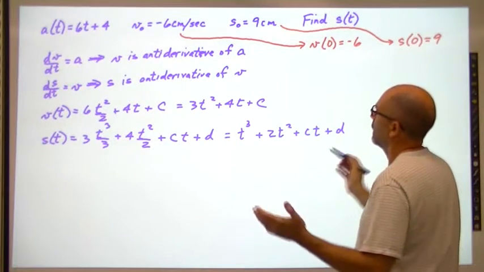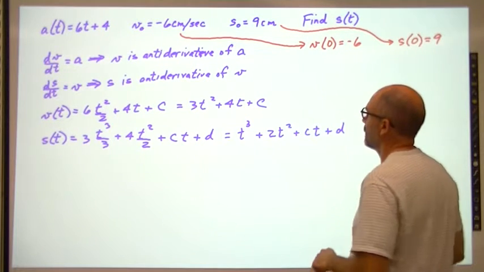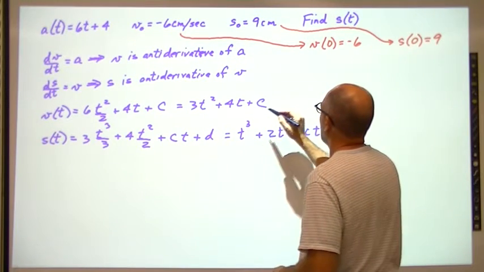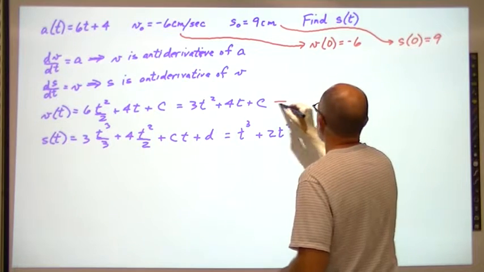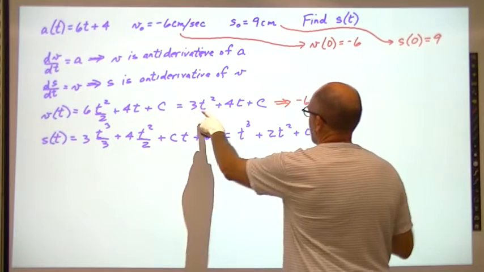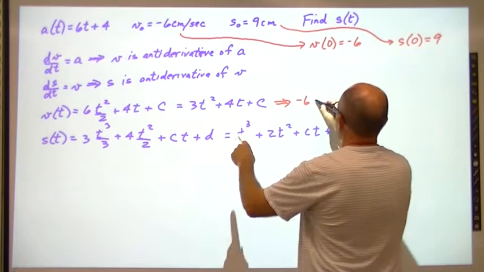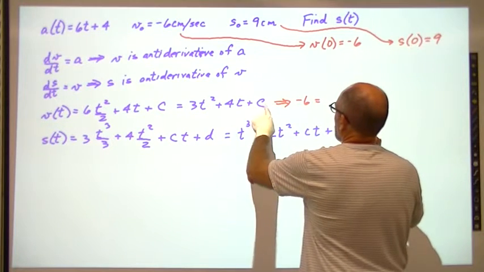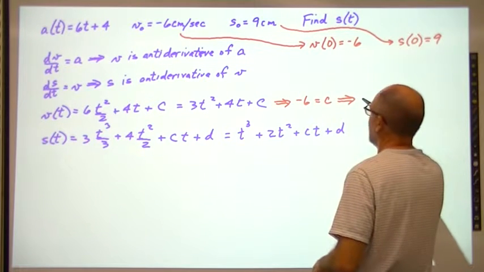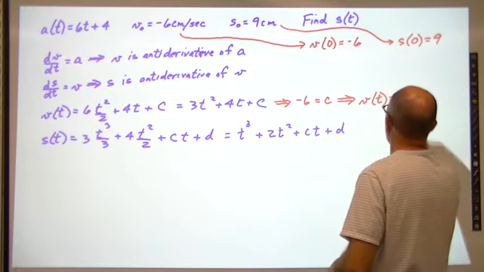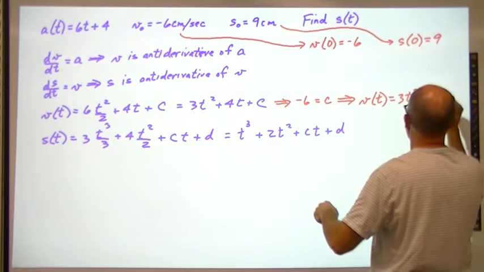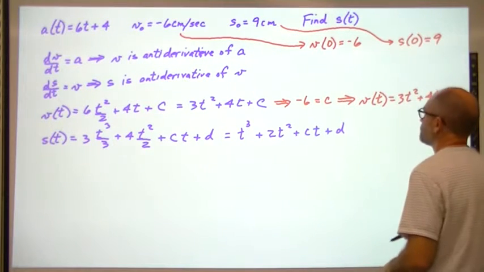Now, if v of 0 is negative 6, then I'm going to put a negative 6 in for velocity and a 0 in for t. So this is going to be 0 plus 0 plus c. So then, that means that my velocity as a function of time really equals 3t squared plus 4t minus 6.